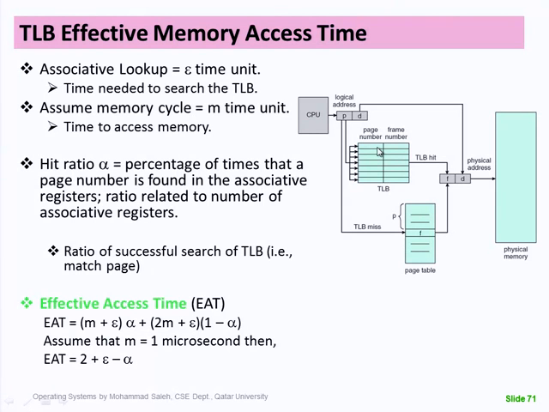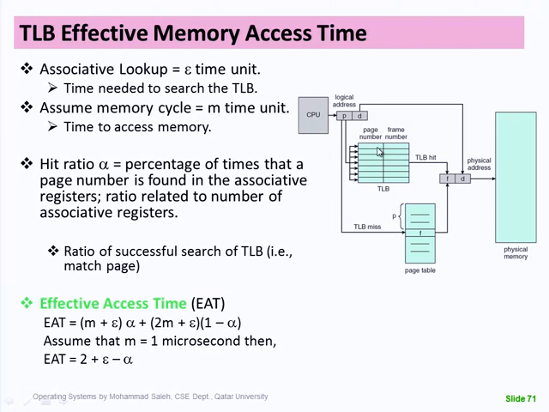We call this a TLB hit. We were looking for a frame given a page. The page is the key, the value is the frame. So you have a key-value pair.